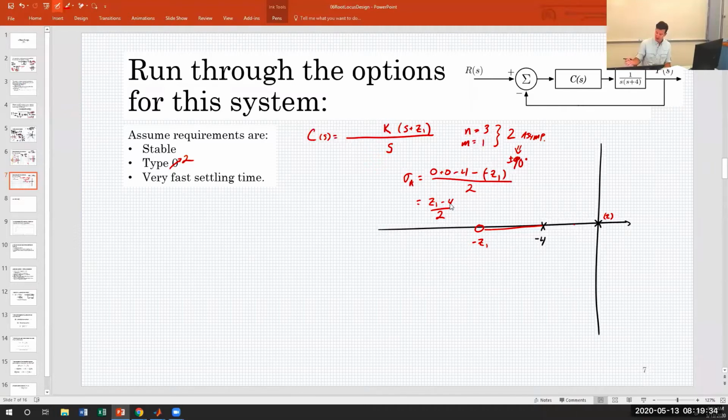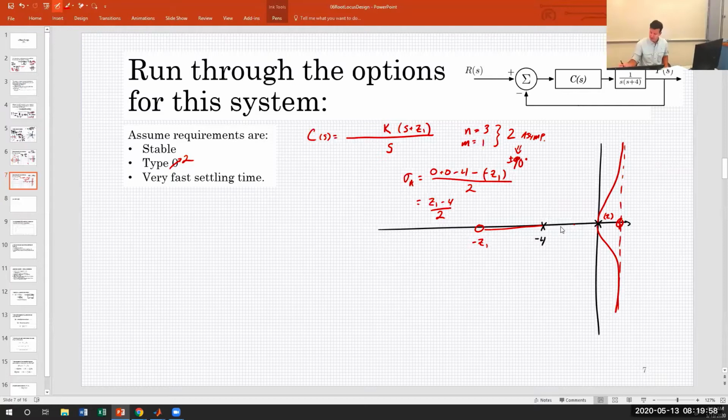So the center of mass would be over here. So there are our asymptotes, and we get this behavior. So maybe you could have foreseen that, but the way to fix that would be to move this zero over to the right. Then we would move the center of mass to the left.